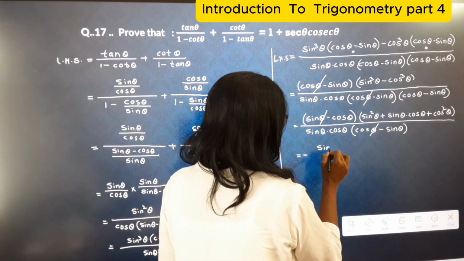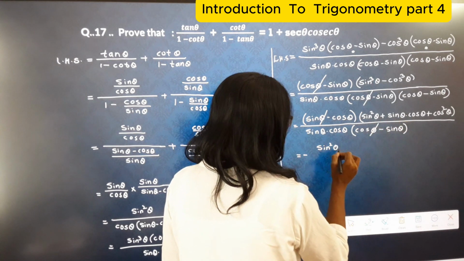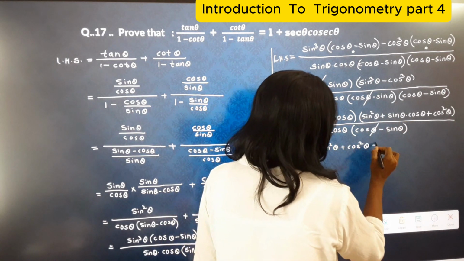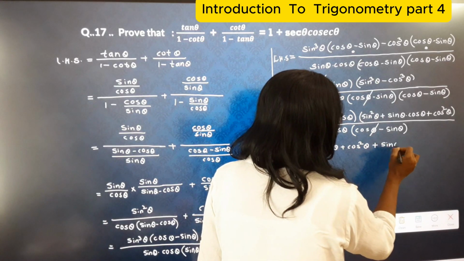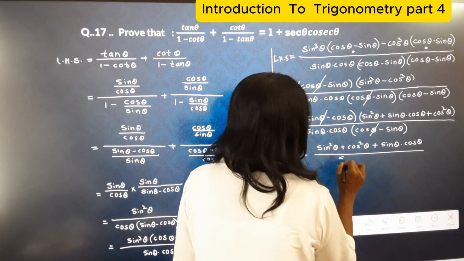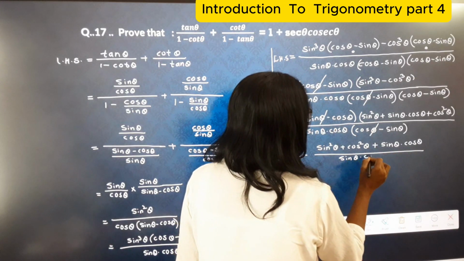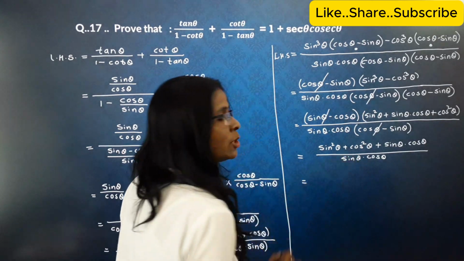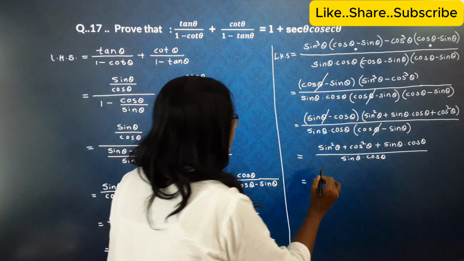Now I rearrange the terms in the second bracket: sin square theta plus cos square theta, then plus sin theta multiply cos theta. Now sin square theta plus cos square theta, we know the identity, is equal to 1.